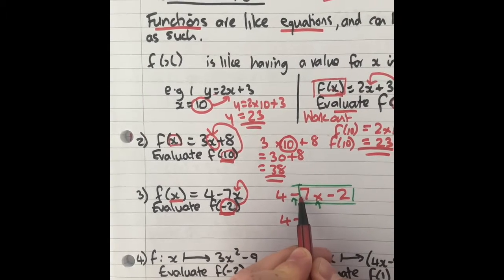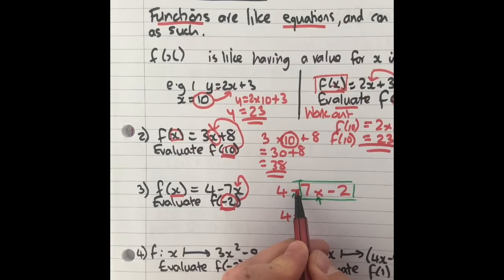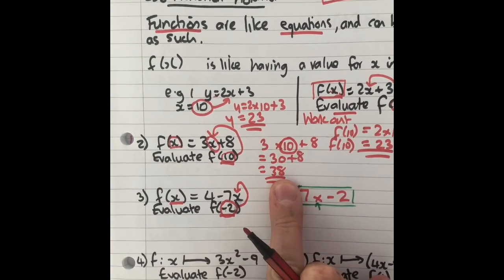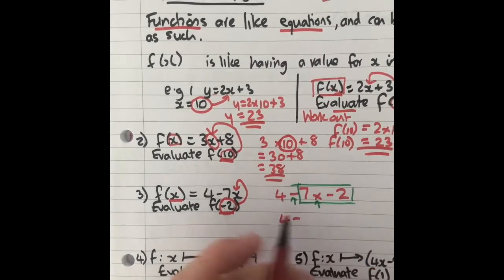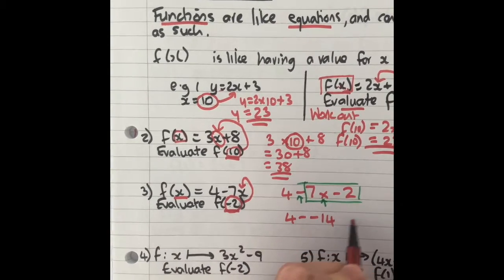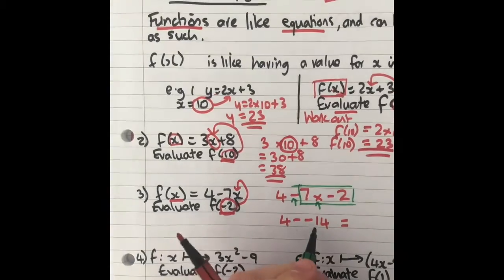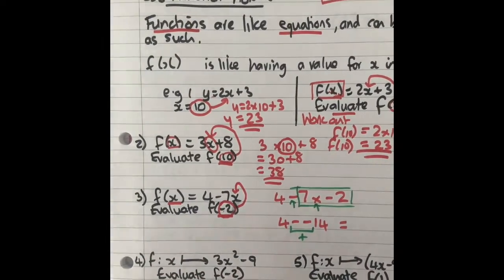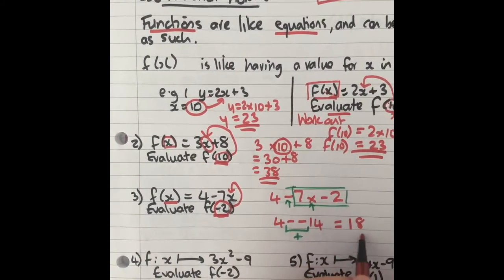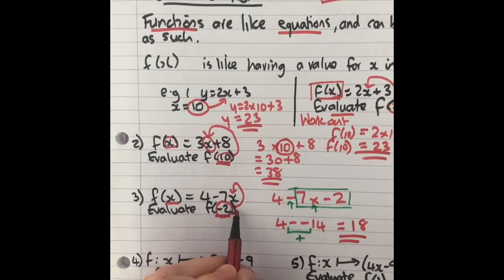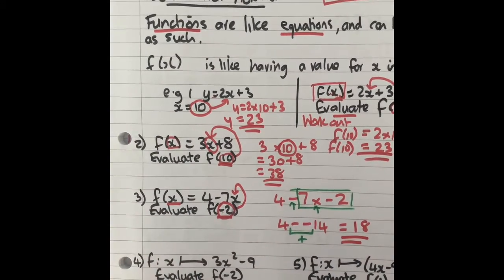Be careful, there's a minus there. So it's 4 minus minus 14, which is 4 plus 14, and that makes 18. So f of minus 2 for that function is 18.